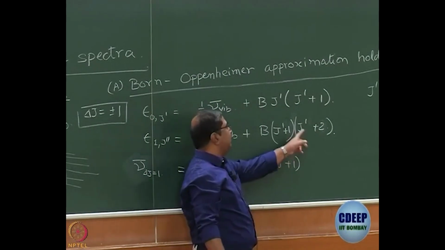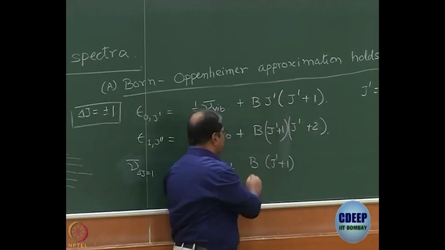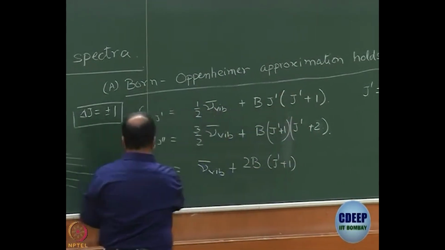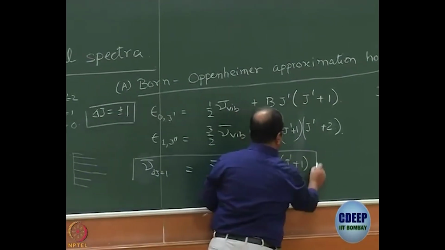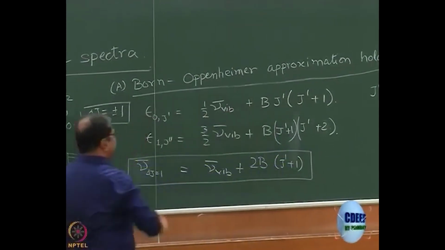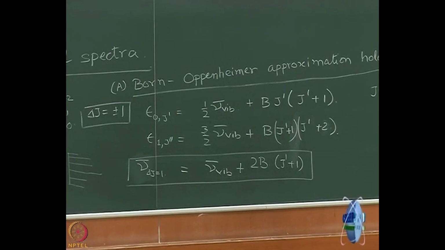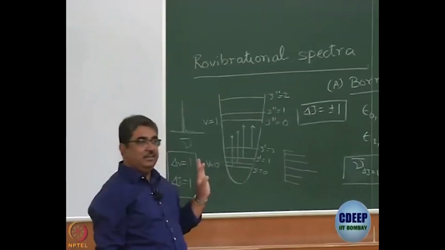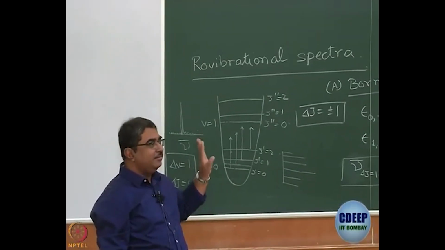And then I am left with J dash plus 2 minus J dash, that will be 2. So, nu bar for delta J equal to plus 1 turns out to be nu bar of vibration plus 2B into J dash plus 1. Clear? Simple?